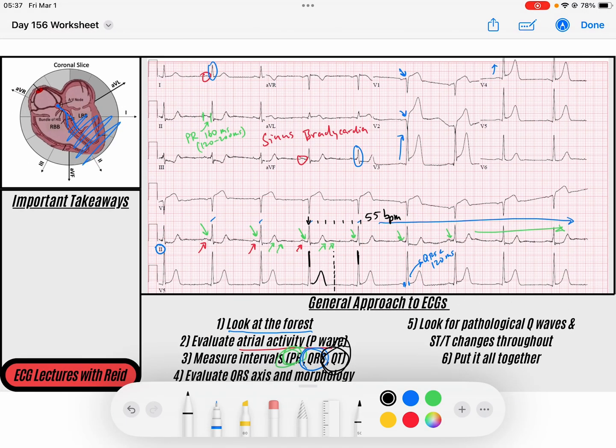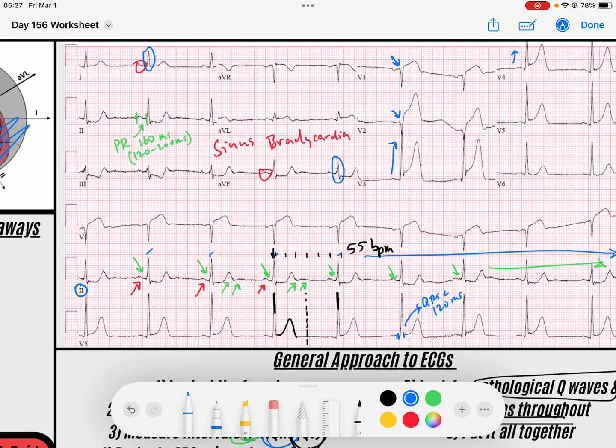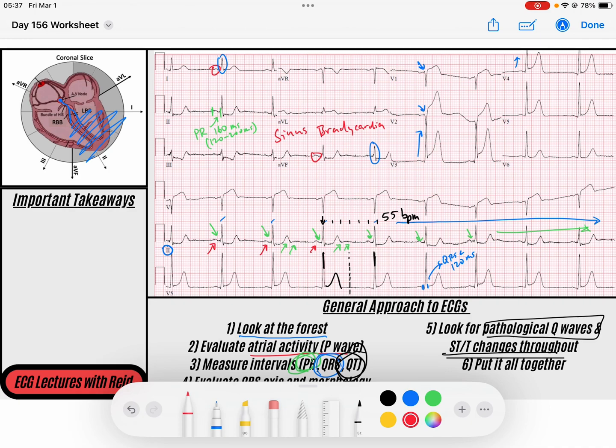The last thing we do is look for pathological Q waves, and we look for ST and T wave changes throughout the rhythm. ST elevations and depressions tell us more about the acute event of ischemia or infarction, versus pathological Q waves, which tell us if there's been some damage previously to the myocardium. The first thing that really jumps out at me is some ST segment elevation in the anterior leads predominantly, but maybe a little bit in the septal leads.